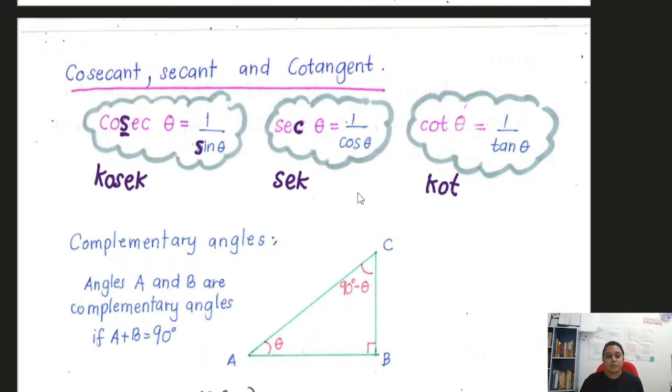So this one, the third letter is C, betul tak? So C is cos. The formula is 1/cos. Cotangent, we follow the third letter, T. So the formula is 1/tangent.